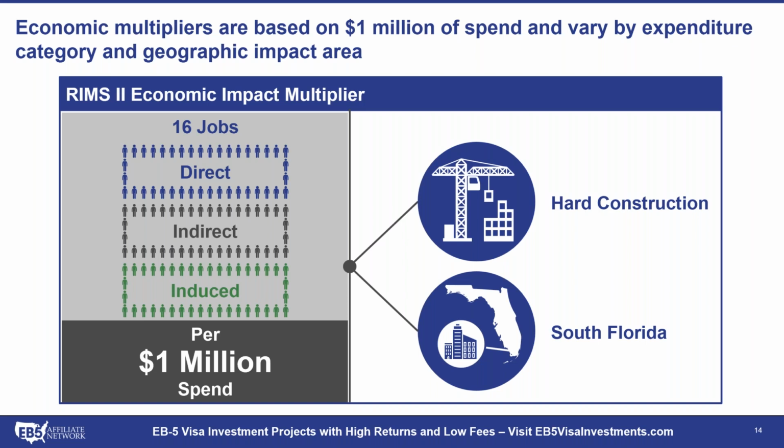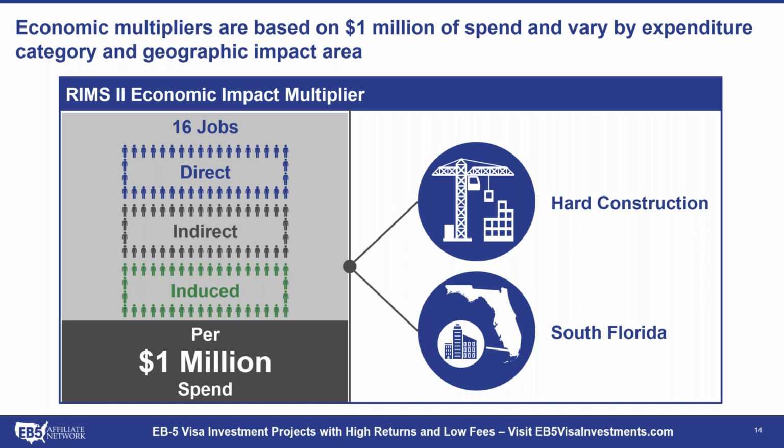And one important thing to look at here is that the multipliers for job creation are going to vary substantially between categories, so hard construction, soft construction, and so on. And also they're going to vary by geographic area, right?